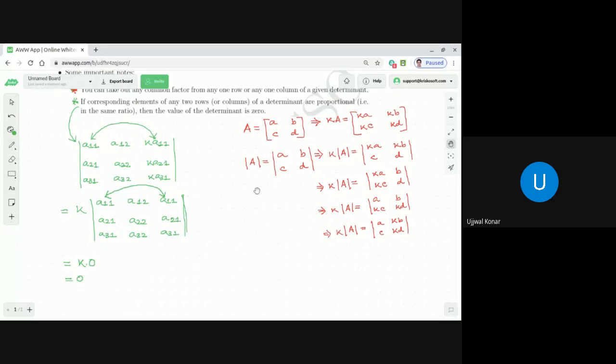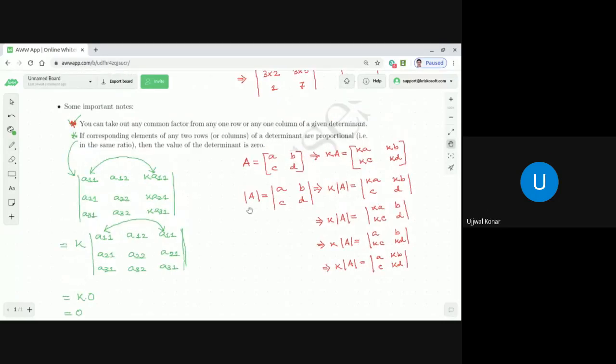So now, finally, dear students, we can say that if corresponding elements of any two rows or columns of a determinant are proportional, that is in the same ratio, then the value of the determinant is 0. Okay, now let's proceed to the next property.